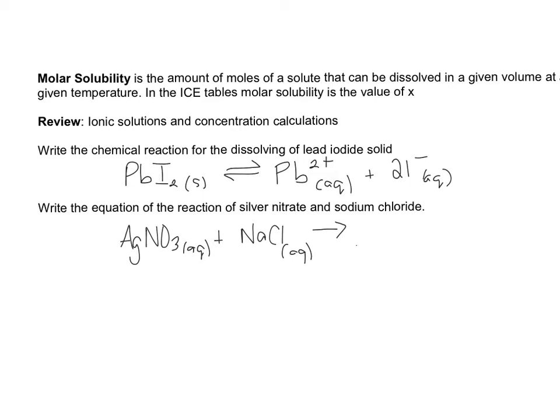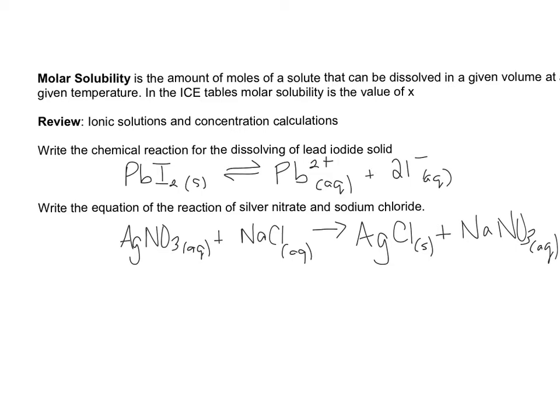This is just a typical double displacement reaction. So we form silver chloride and sodium nitrate. Now, all nitrates are soluble, so that's an aq. But silver has low solubility with chloride, so that is a solid. So we're using our solubility tables for this.